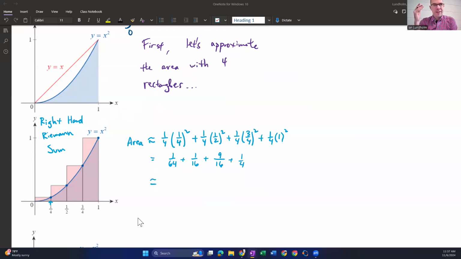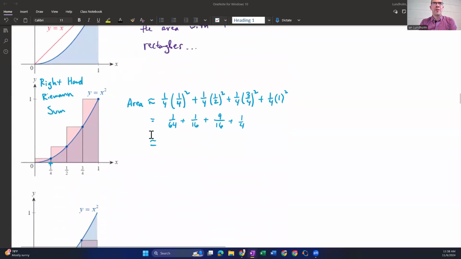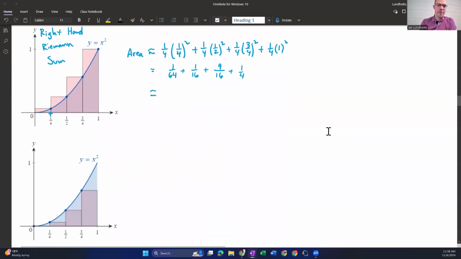It should be somewhat close to 1/3. We could type that into a calculator and figure it out, maybe after we do this one as well. So there's the right-hand Riemann sum, and we could contrast that with a left-hand Riemann sum.